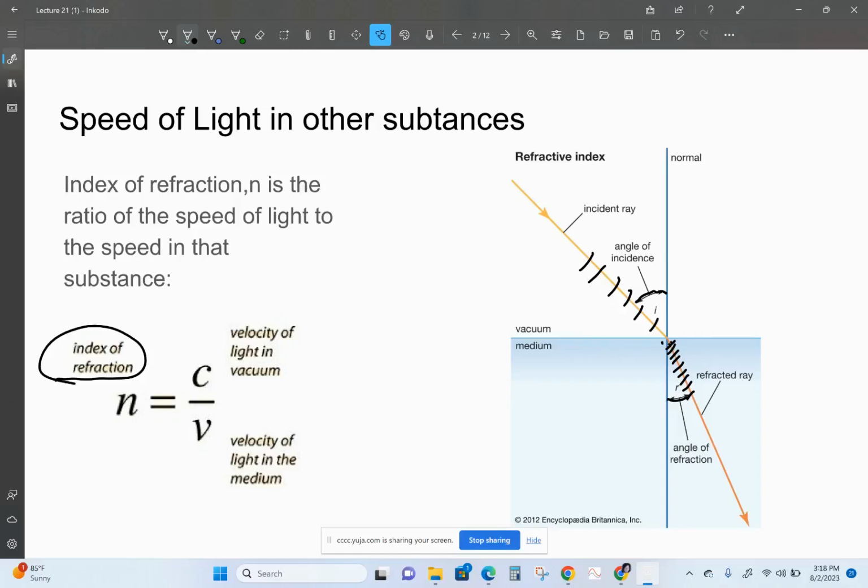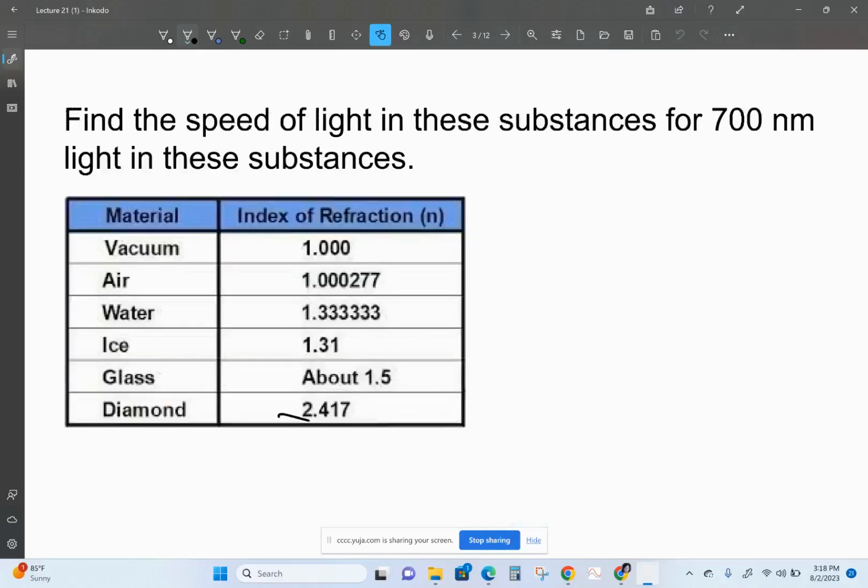Well, it turns out that you can look up the index of refraction for a diamond in a chart in your readings in the chapter on this. There's a table of them, and there's one on the next slide. It turns out that the index of refraction for a diamond is 2.417.